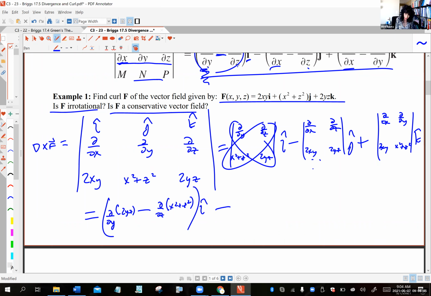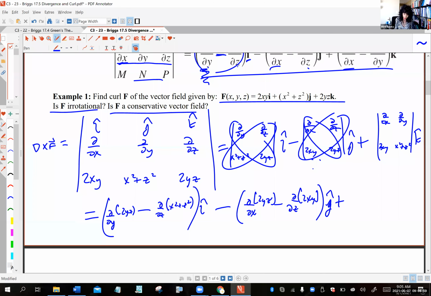Minus, and then we'll do this other guy here, d/dx of 2yz minus d/dz of 2xy, times j hat. Plus, here we're going to go d/dx of x squared plus z squared minus the d/dy of 2xy, k hat.